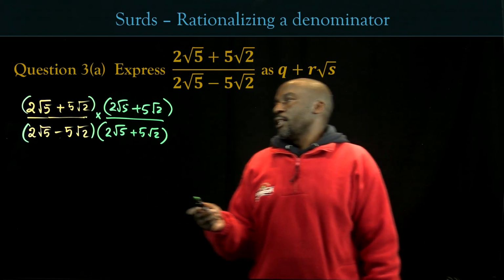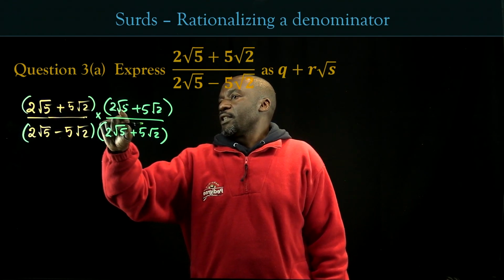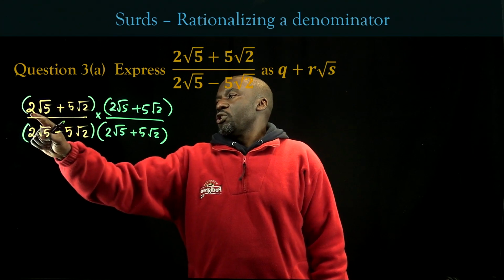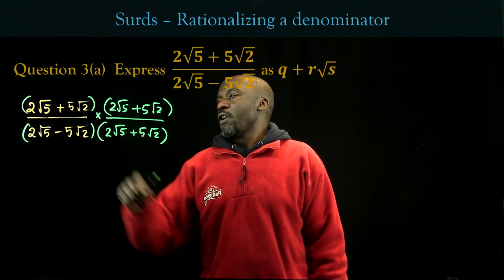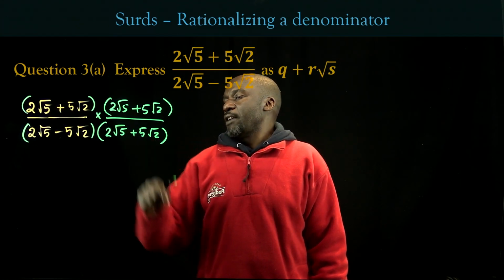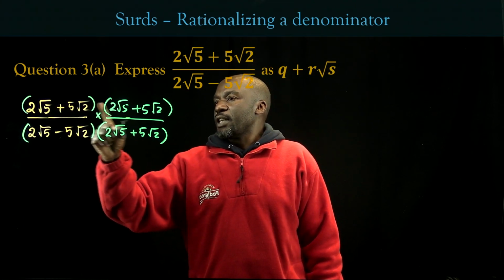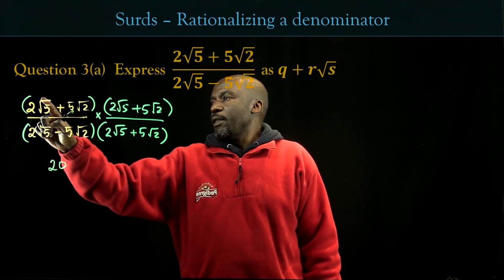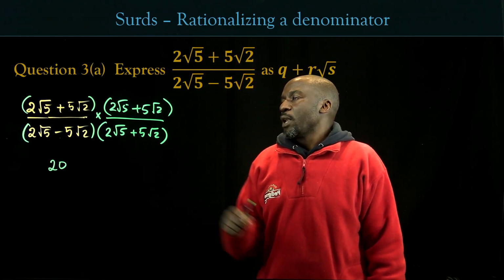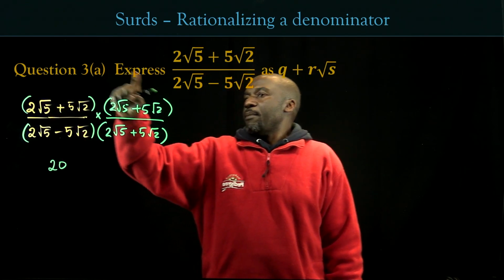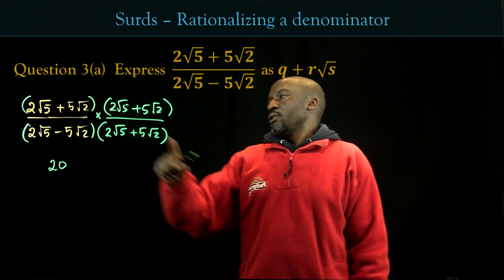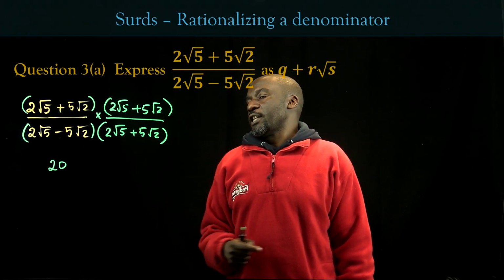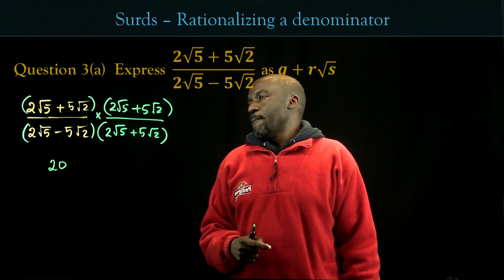So if I expand this, I get 2 root 5 times 2 root 5: 2 times 2 is 4, and root 5 times root 5 is 5. So 4 times 5 is 20. This times this is 20. Then this multiplied by 5 root 2 is going to give me 10 root 10. I hope you can see that.